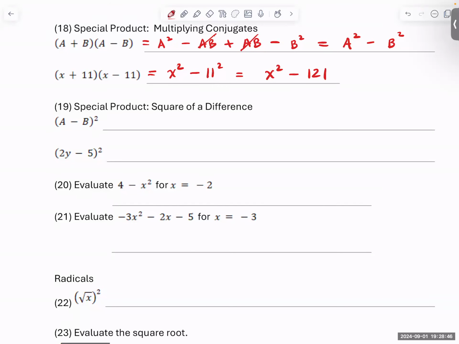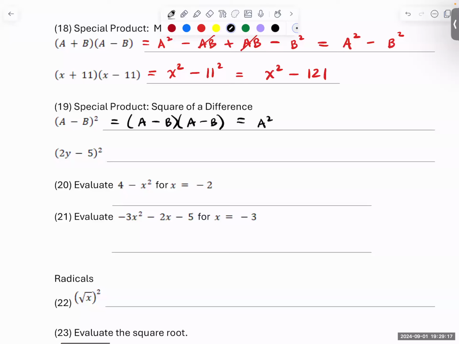Number 19. The next special product is the square of a difference, A minus B quantity squared, which is A minus B times A minus B. If we use the FOIL method to multiply, the first terms, A times A, is A squared.